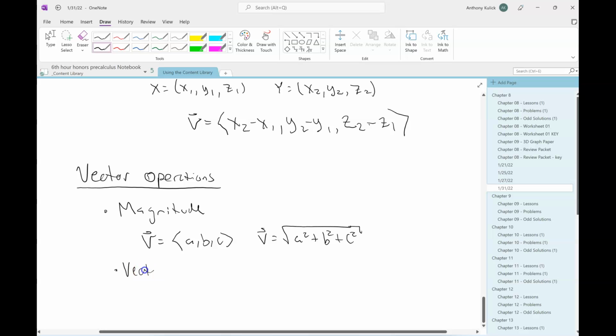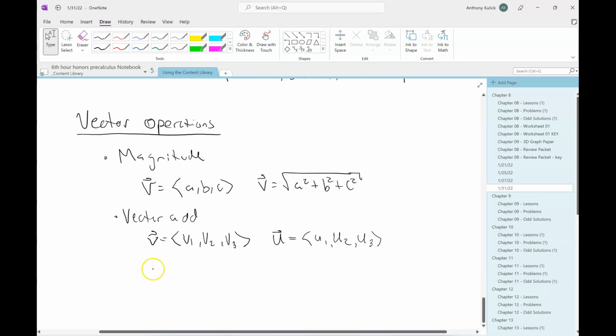You know, vector addition is going to work the same way. If I add the 2 vectors, we just add their components.